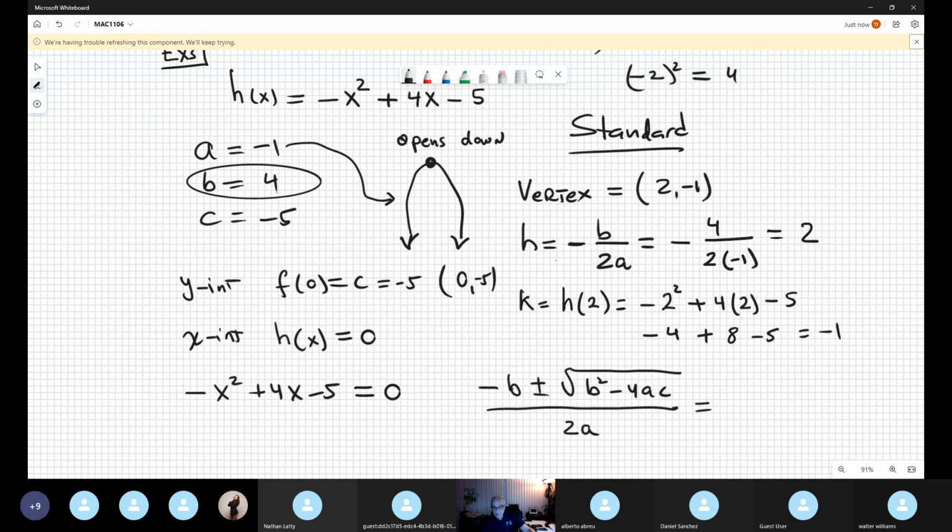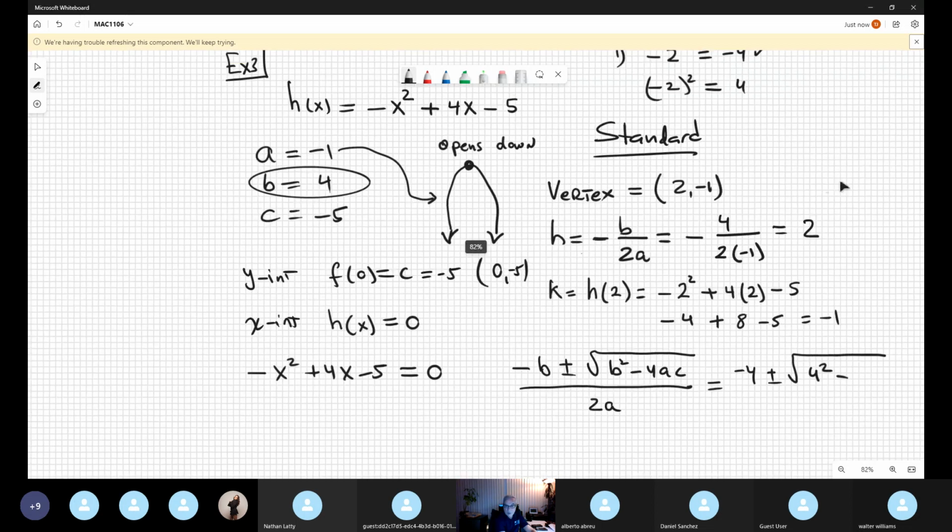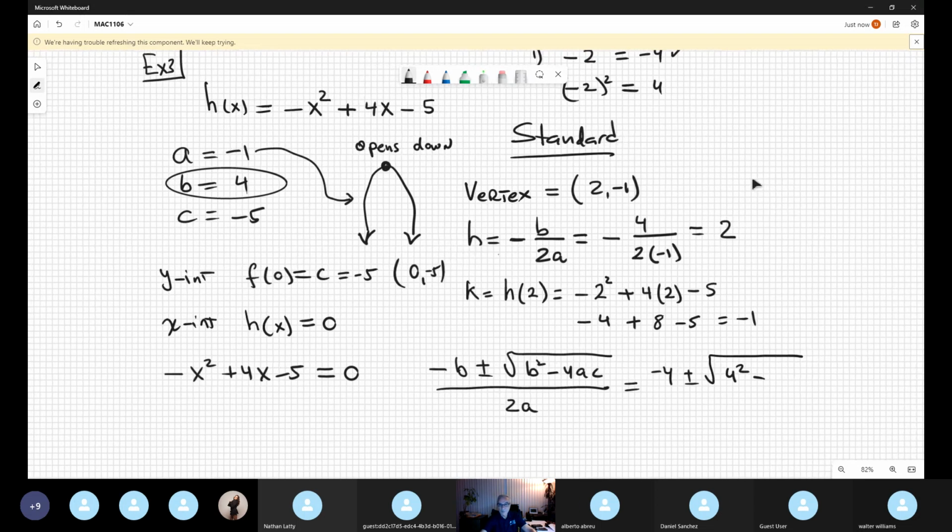This is minus 4 plus or minus the square root of 4 squared minus 4 multiplied by negative 1 and by negative 5, and everything divided by 2 times negative 1.